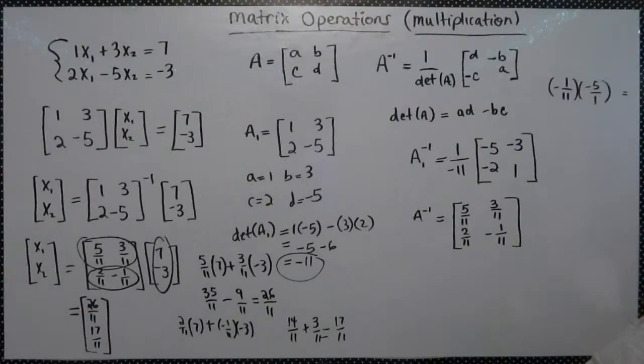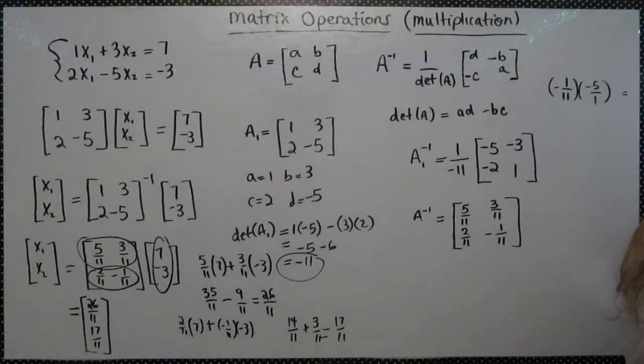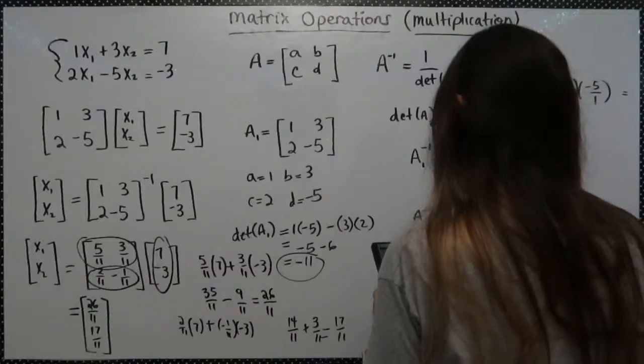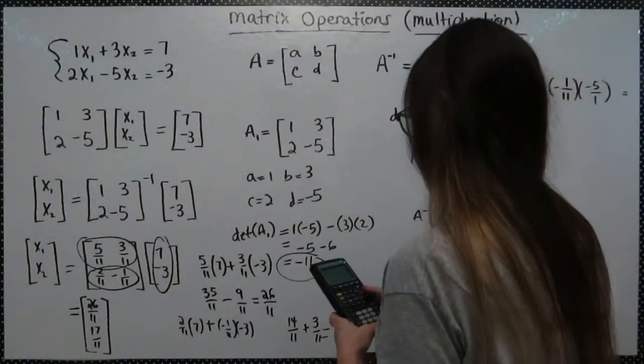All right, so it is saying 2.36, 1.54. So let's figure out what exactly 26 divided by 11 is. Perfect. Yes, I did it. Okay, good.